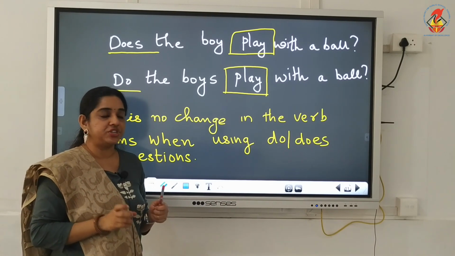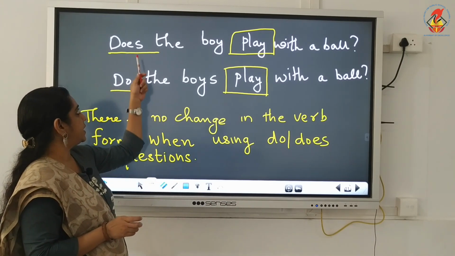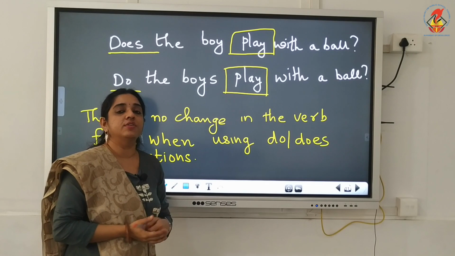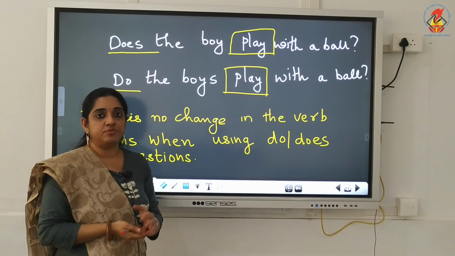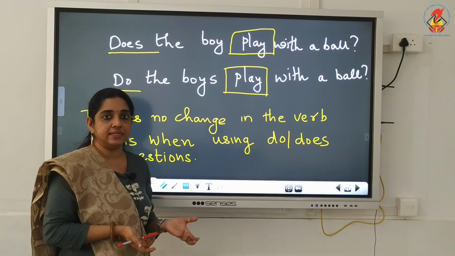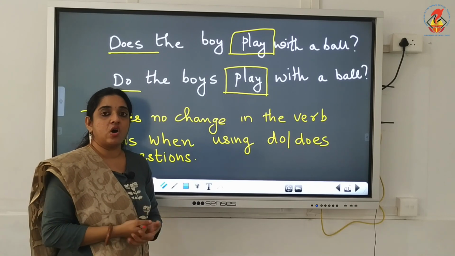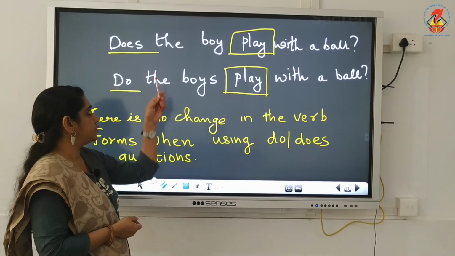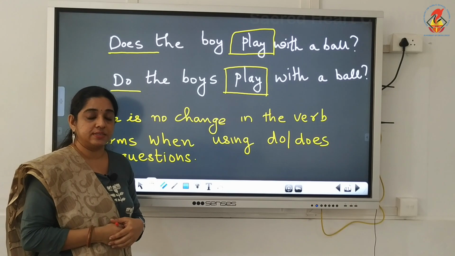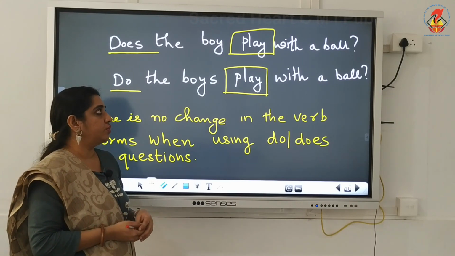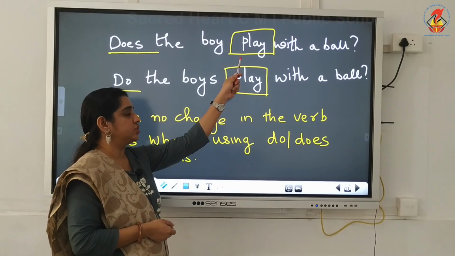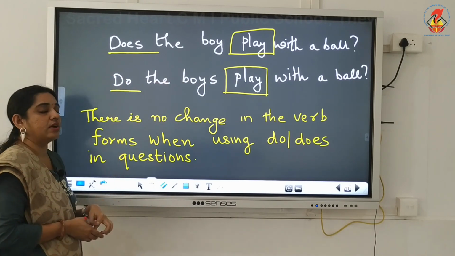That means it is not changing, because it's do and does, we have to use the original form of the verb. You don't have to bother about adding es or ies or s forms. For do and does, which is in simple present tense, you don't have to bother about the verb change when it is used in this context.